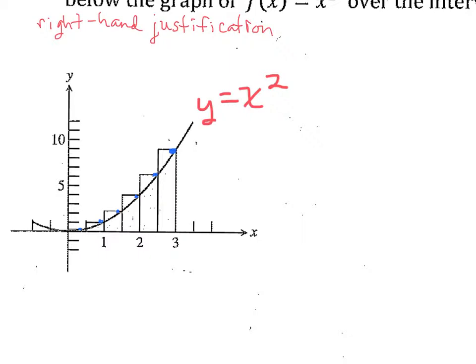We're going to look at left-hand justification also, but for right now, that's what right-hand justification looks like. Right-hand justification overestimates the area. This is purely when we have right justify.